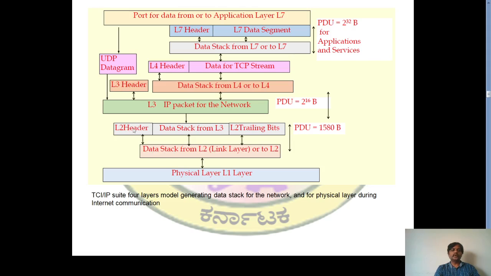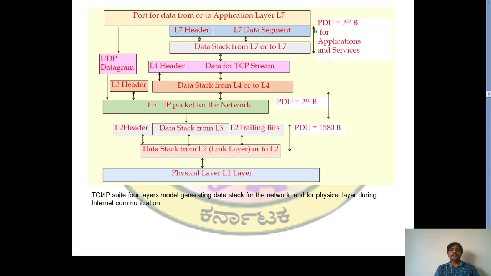So we are going to add the header as well as the trailing bits, and the network layer, that is L3, and the TCP layer L4. We can use either TCP or UDP, and this is the application layer, so that is the L7 header.